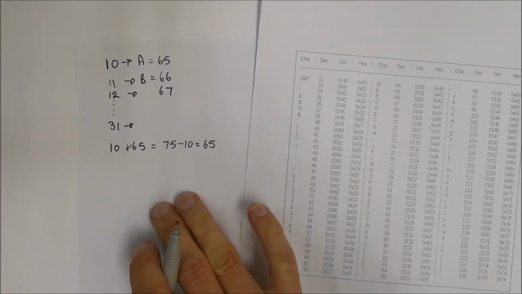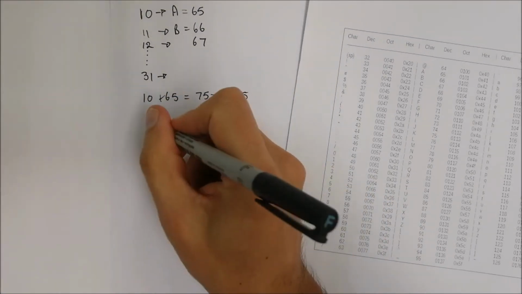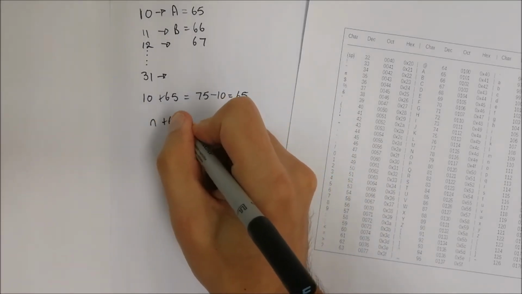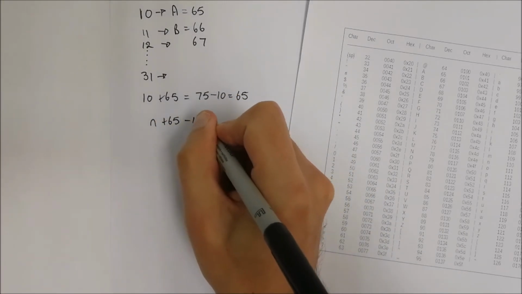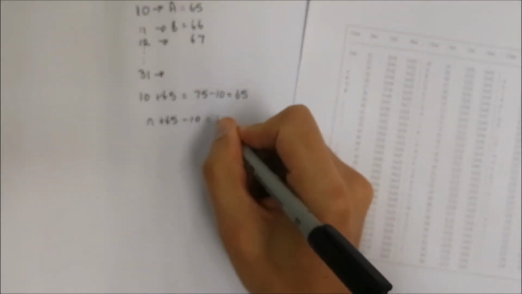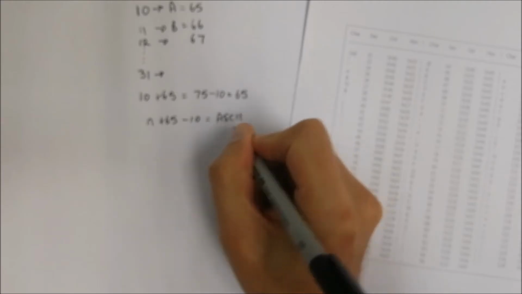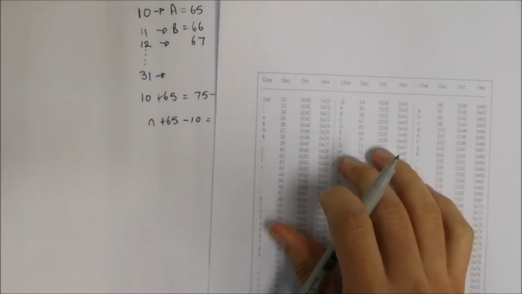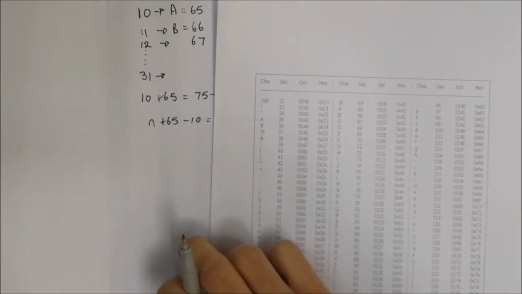So if we have an equation where we say, okay, well, if we've got a number n and we add 65 to it and subtract from it 10, that would probably be equal to the ASCII value correlating into this table. Well, let's give it a try.